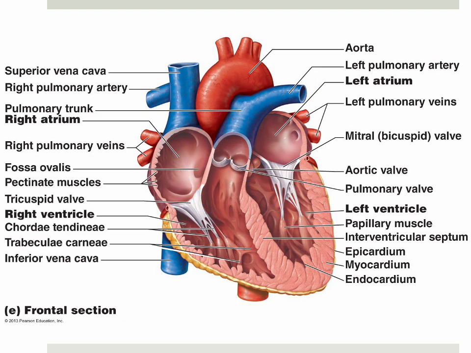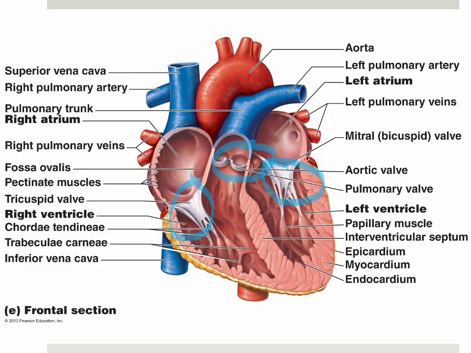The closing of this one, which is the tricuspid valve, and the closing of this left bicuspid valve are the cause of the first sound of the heart, the lub that we call. The closing of these two here causes the other sound of the heart.